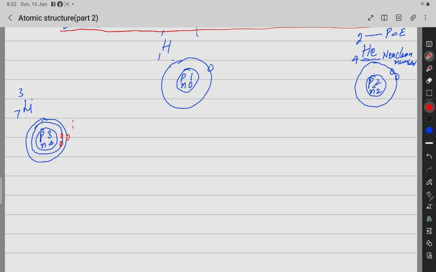This is the first group, and this is another element, beryllium. Proton 4, neutron 5, and the first shell has 2 electrons and the second has 2 electrons.